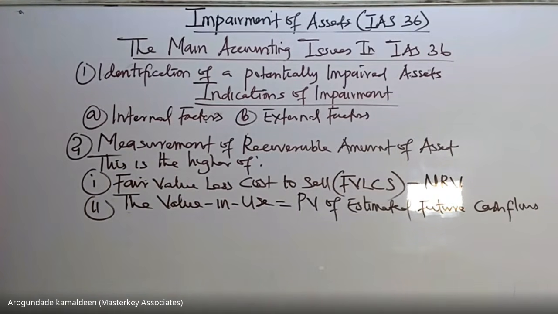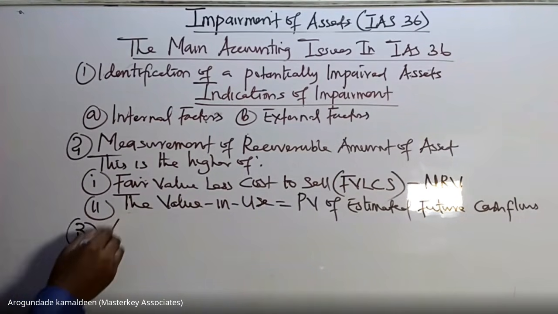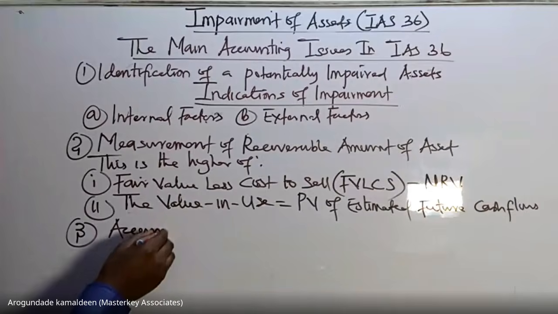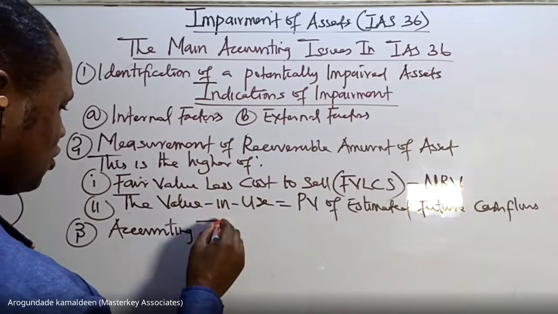Now, the third issue is the accounting treatment of impairment.